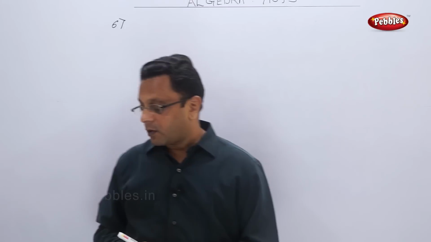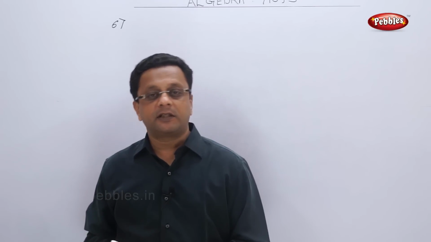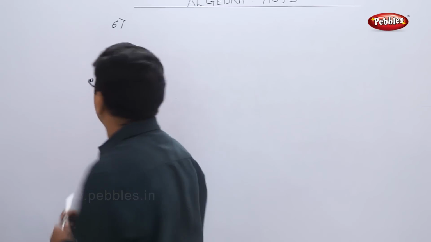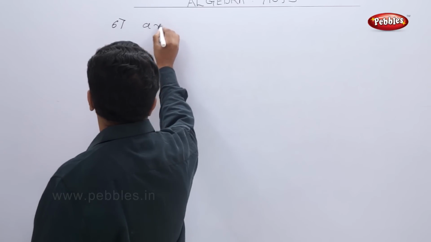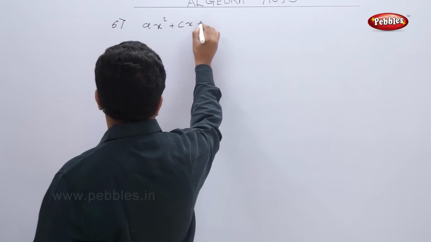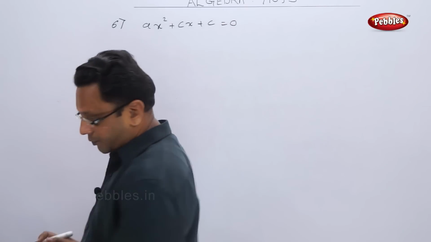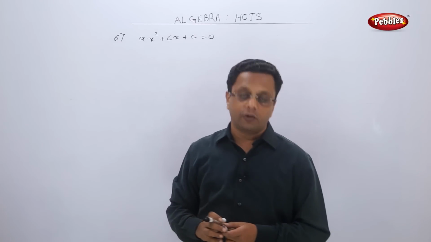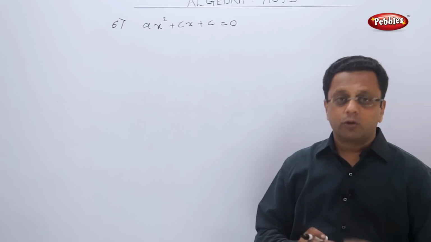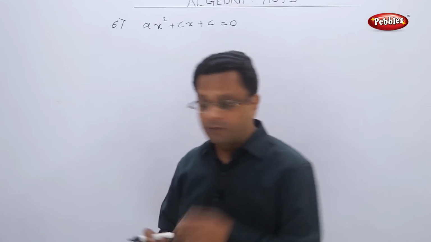If the roots of the quadratic equation ax square plus cx plus c equal to 0 are in the ratio p is to q. We know that the roots of the quadratic equation are alpha and beta.